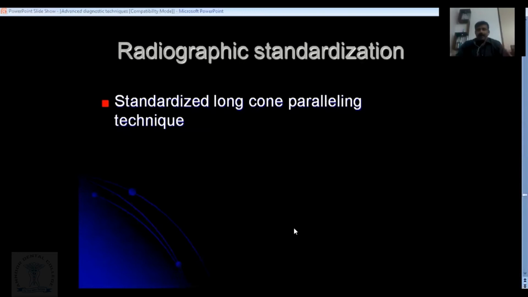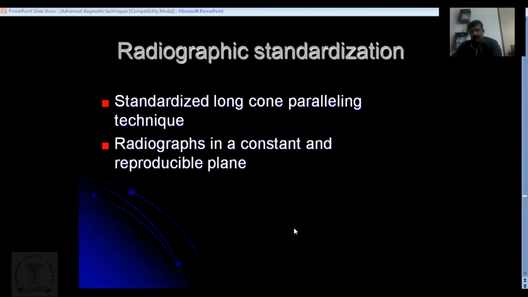But in the parallel technique, you try to place the film exactly parallel to the long axis of the tooth, and then direct your beam. So it will be more correct. But it is very difficult to take; you need specified instruments or accessories to take the long cone paralleling technique.